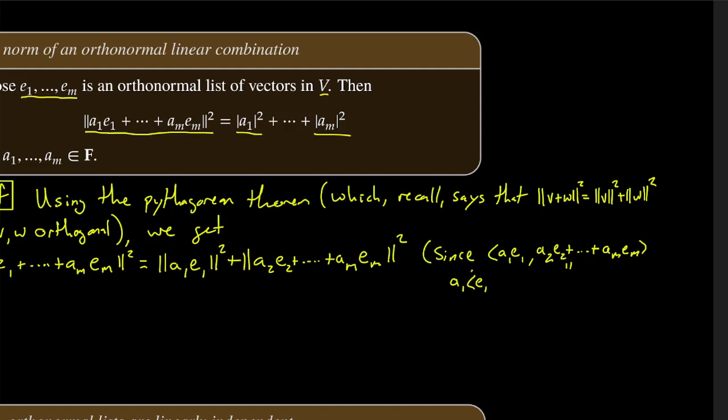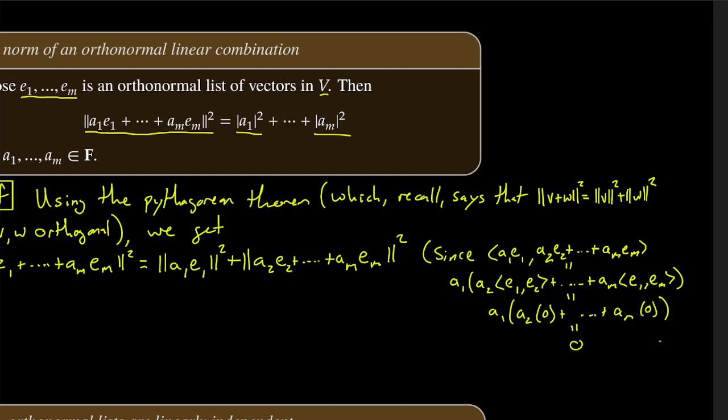Here, I'll just take the A1 out of everything, and then I'll get the inner products: A2 times E1, E2 plus A3 times E1, E3, and so on, all the way down through AM times the inner product E1, EM, which is just A1 times A2 times 0 plus all the way down through AM times 0, which is just 0.